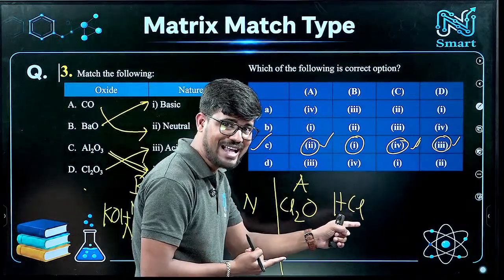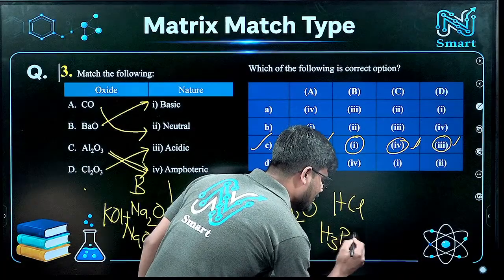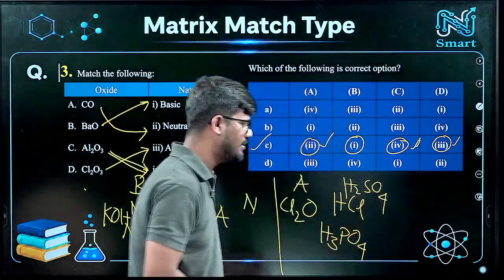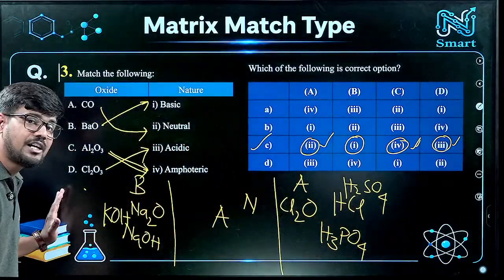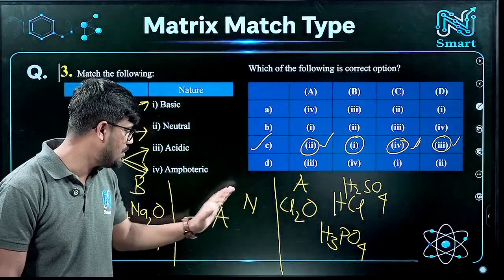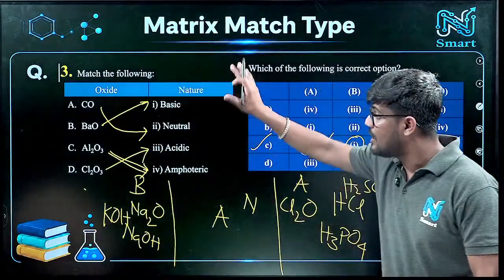HCl, this is an acid. So just remember this. Then H3PO4, acid, right? H2SO4, right? These are all acids. So acids are coming from the right side, bases are coming from the left side, and in between we have neutral and amphoteric oxides. So you have to remember some examples to answer this type of question.